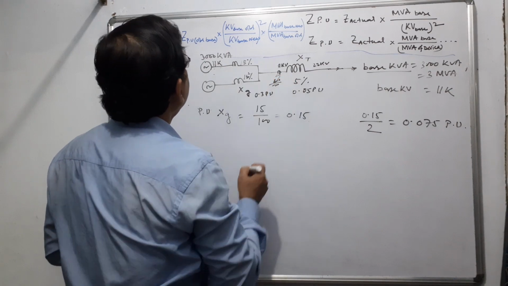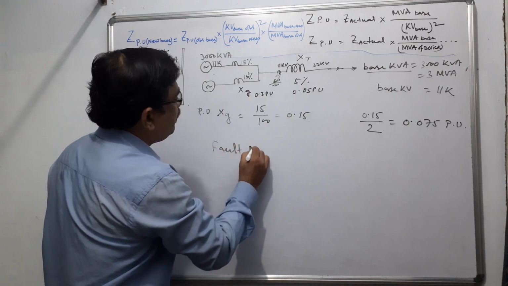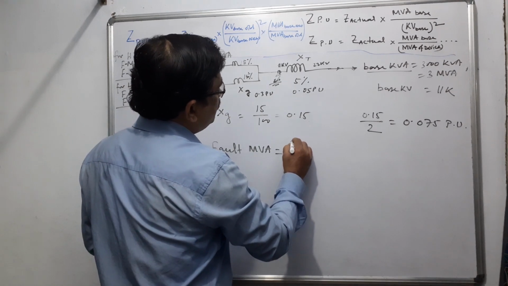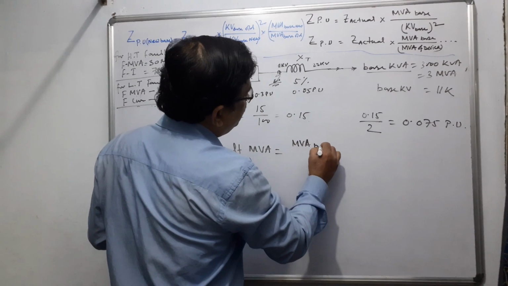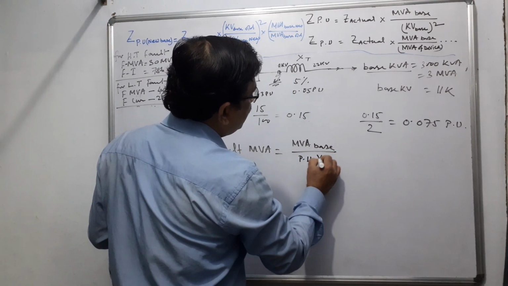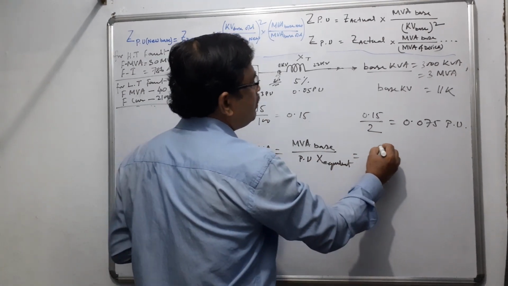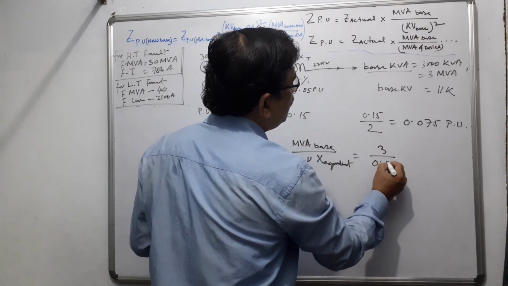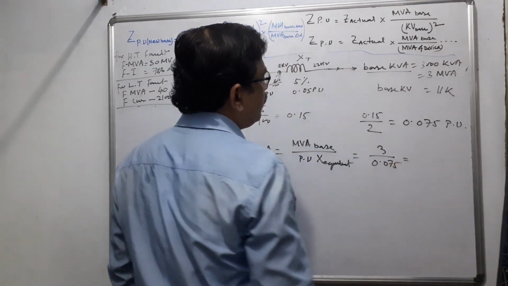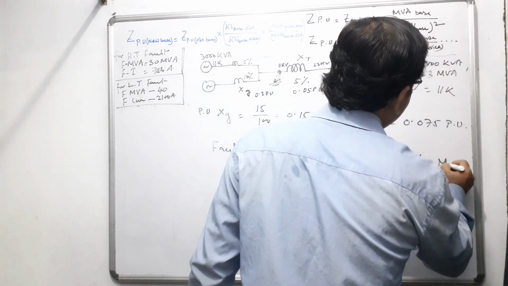Now, when the fault is here, the fault MVA, as per the formula, is MVA base divided by per unit X equivalent. That equals 3 divided by 0.075, which is once again 40 MVA.